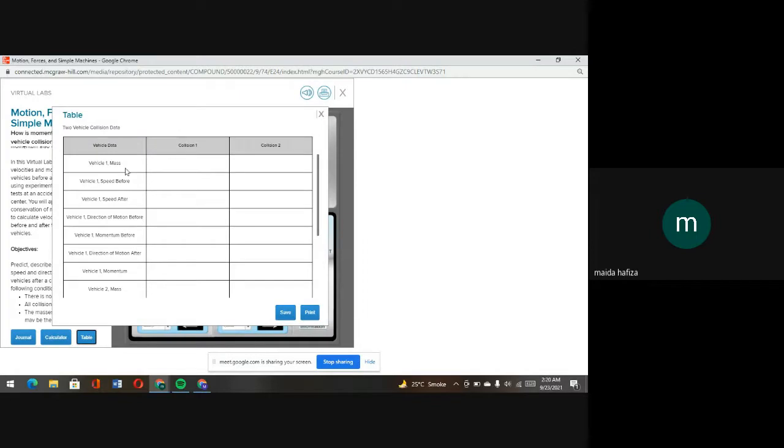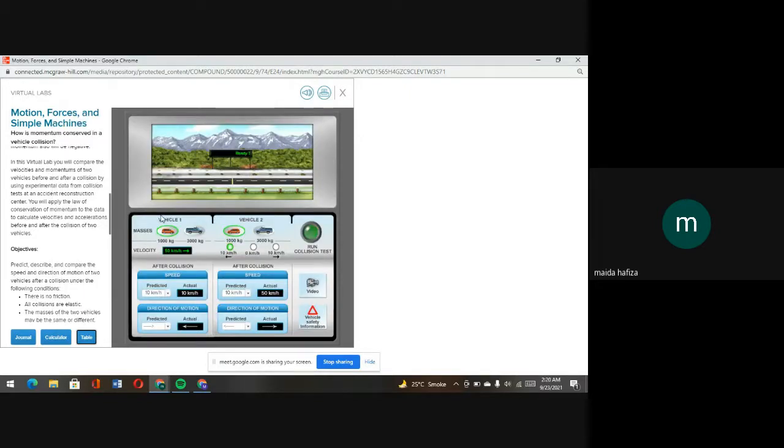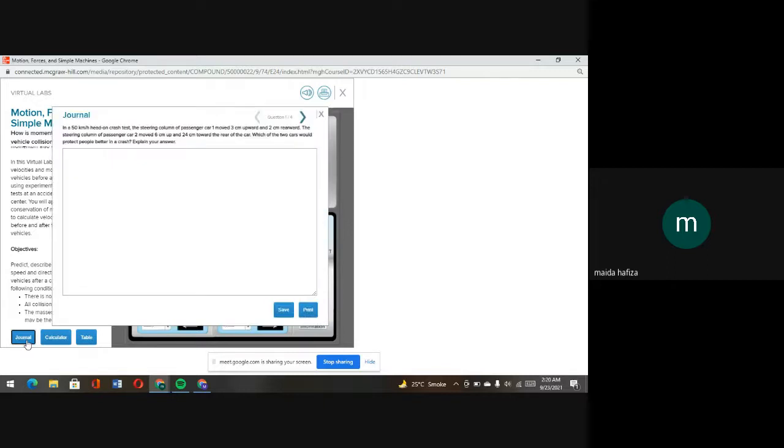You have to put the vehicle mass, collision 1 and collision 2, vehicle 1 speed before and after, vehicle 1 direction of motion before, vehicle 1 momentum before. You have to put all these readings in this table. Also, you have to complete this journal in which there are only 4 questions. You have to answer these questions.